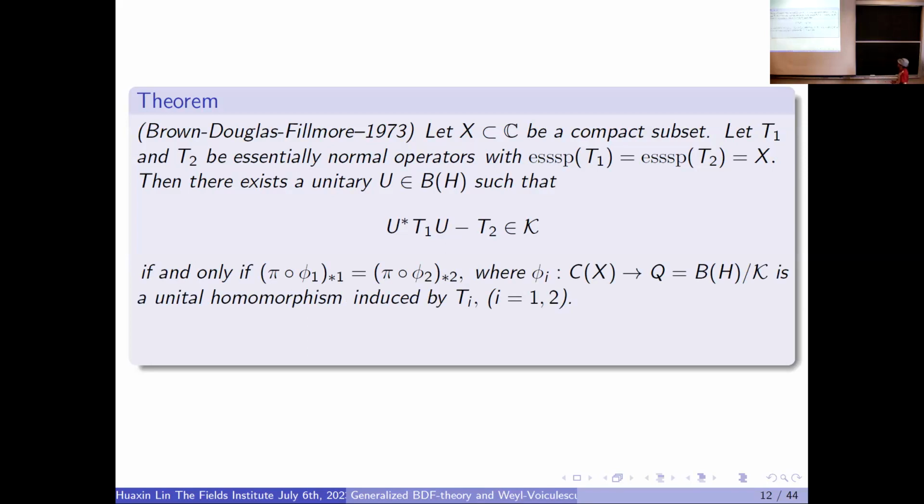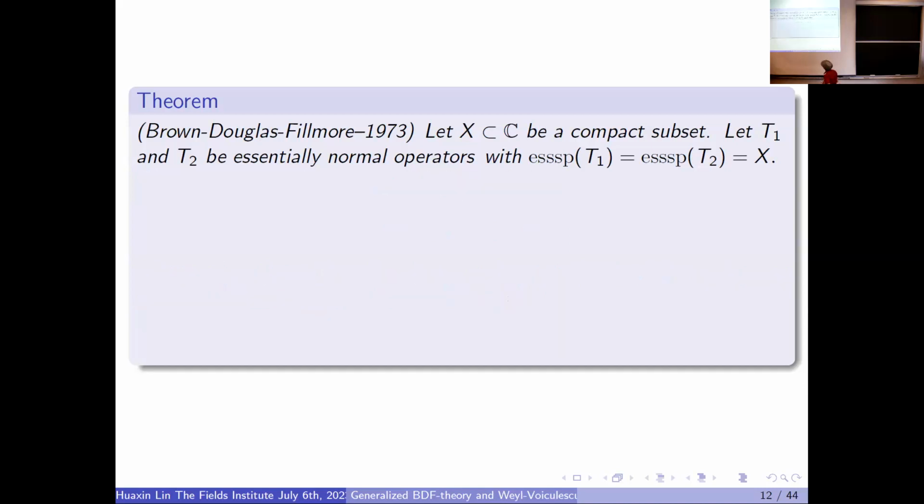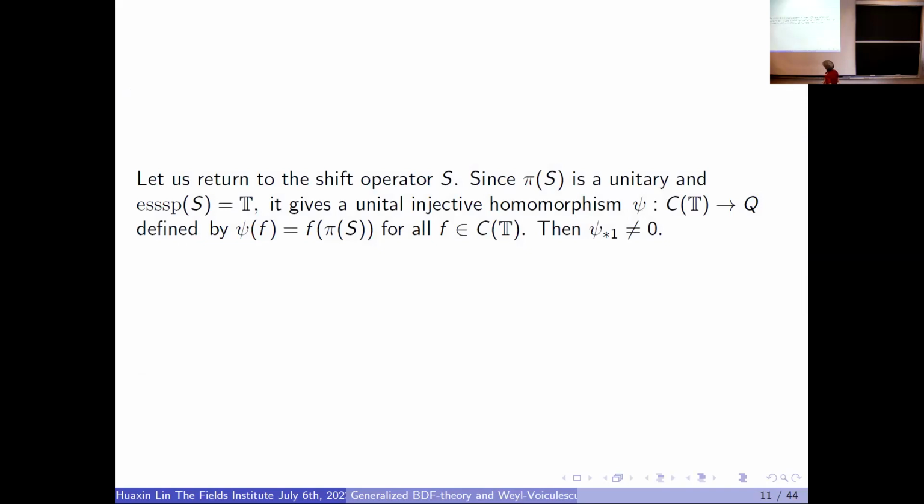In the previous slide, I didn't see why you couldn't have an extension. Where did something go wrong? The map on K1 was not 0, and if you add the lift, it would be 0. Why isn't the K1 class non-zero? The K1 class is a unitary.